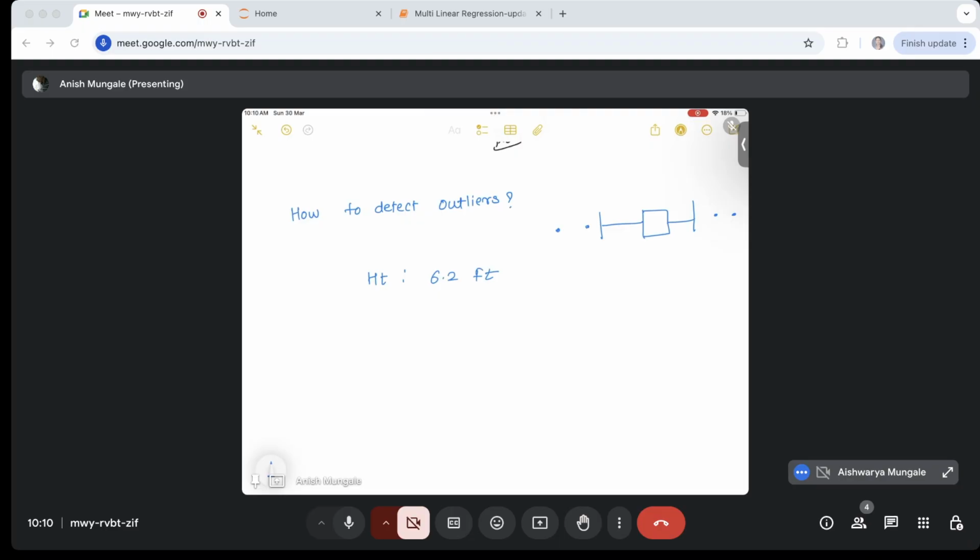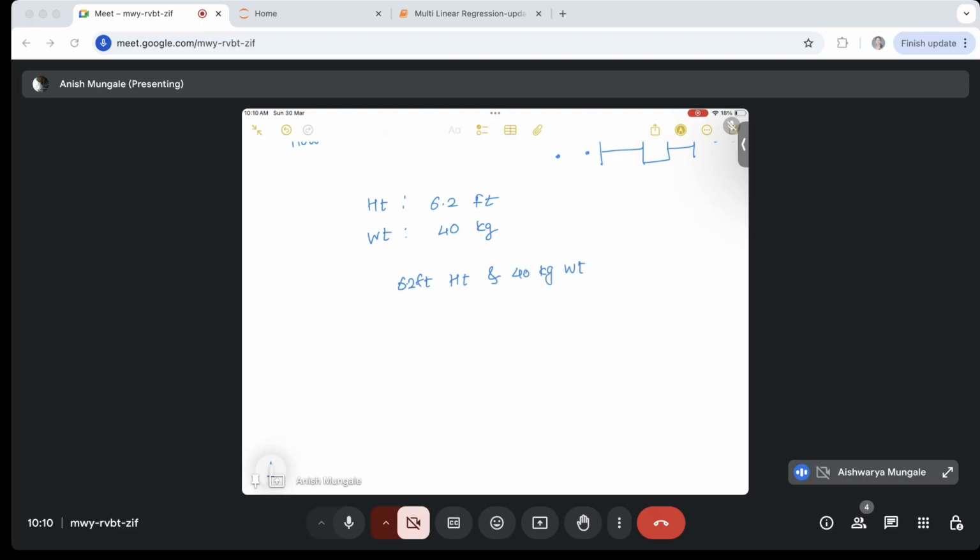If I say there is a person with weight 40 kg, even this is not surprising. But if I say there is a person who has 6.2 feet height and 40 kg weight, then that is surprising, right?